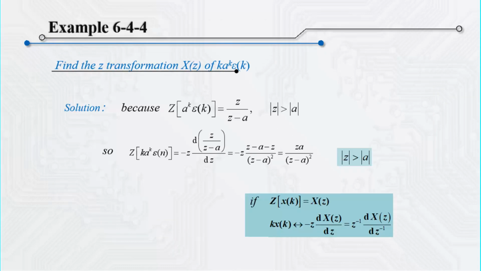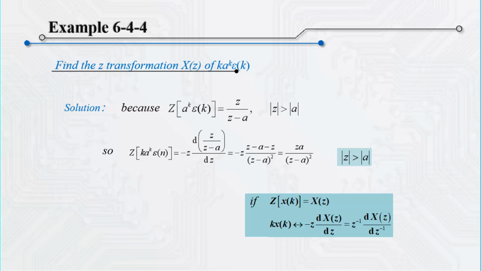Let's look at a specific example. Find the z transformation x of z corresponding to this formula. It is known that the z transformation corresponding to this formula is z over z minus a. The region of convergence is that the modulus of z is greater than a. We multiply the sequence in the time domain by k.